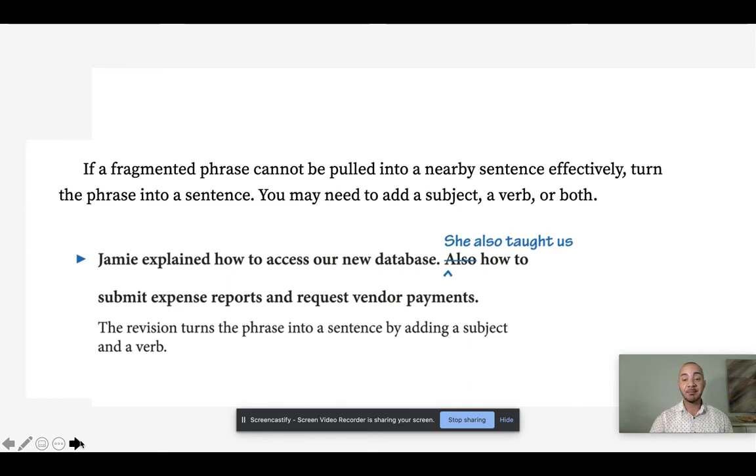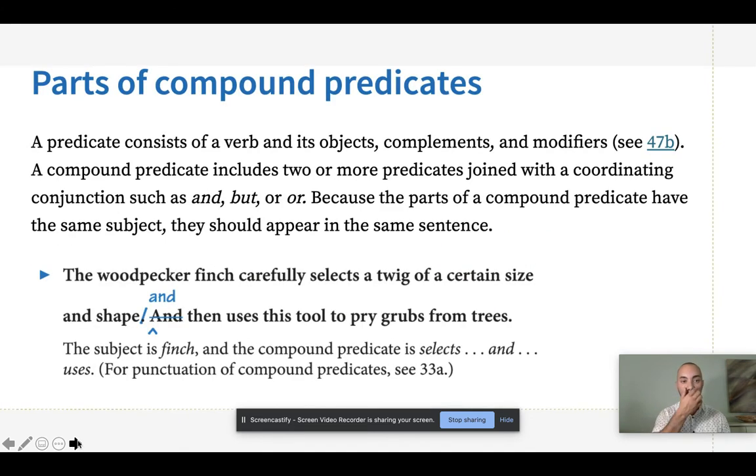Well, in this case, combining the second sentence with the first one would create a long and wordy sentence. So we're going to keep them separate. But this time we're going to add in a subject, she, and a verb, taught. So we're not just beginning with how to submit expense reports, but we're having that subject and the verb that are telling us who is doing the acting, what the acting is, and then we have the rest of the verb phrase that explains what kind of action is taking place.